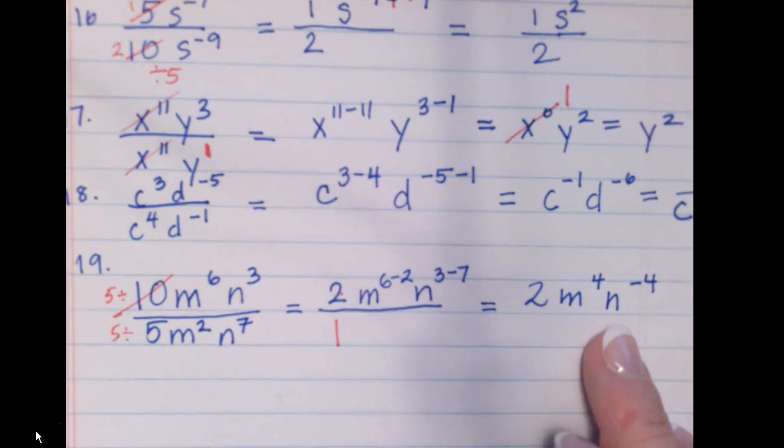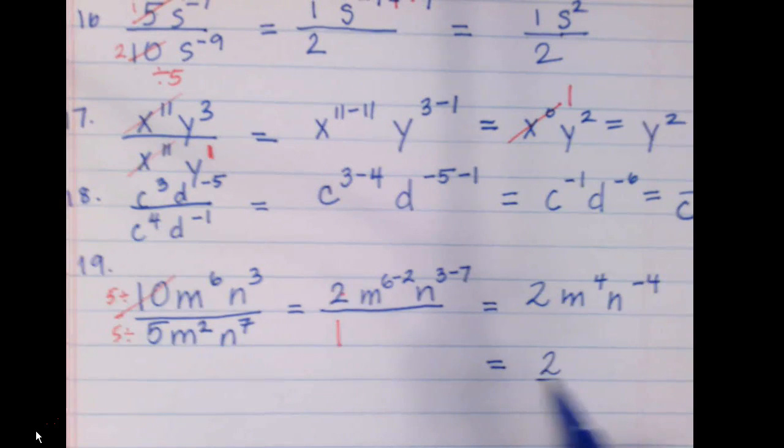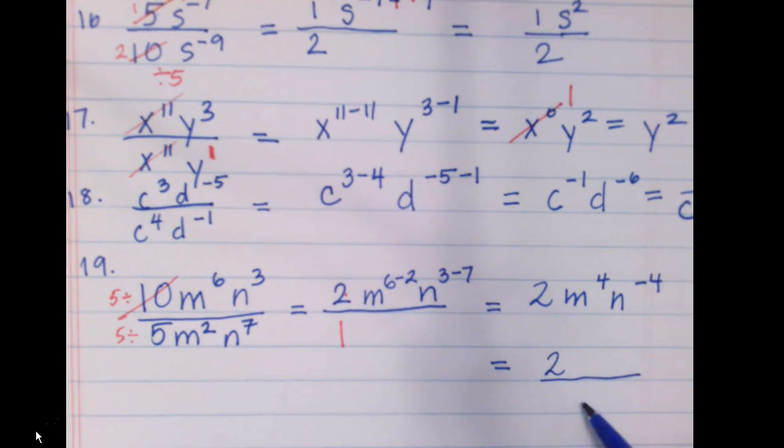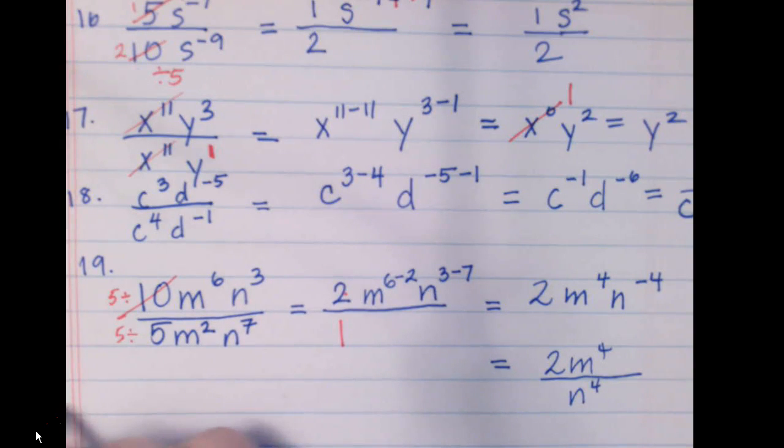So this isn't going to be the final answer. Let me just go back down here, and I need to create a denominator to put those negative exponents into, m to the 4th, and then once I move that negative 4 to the bottom, I've taken care of the negative, so I do not bring it down with me.